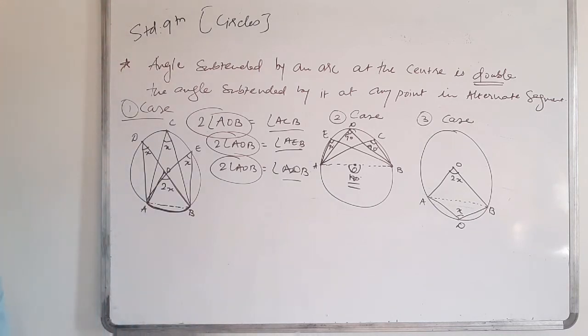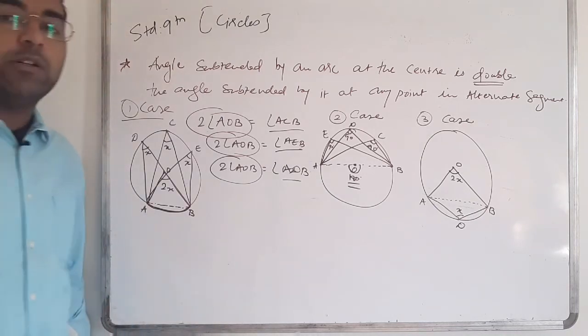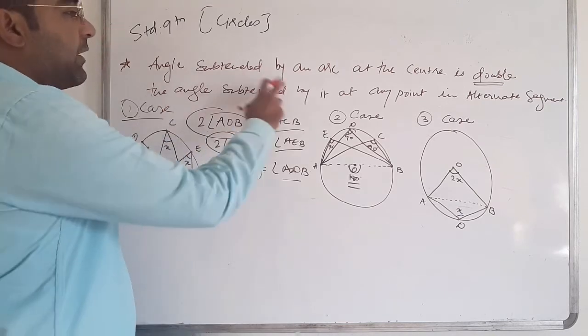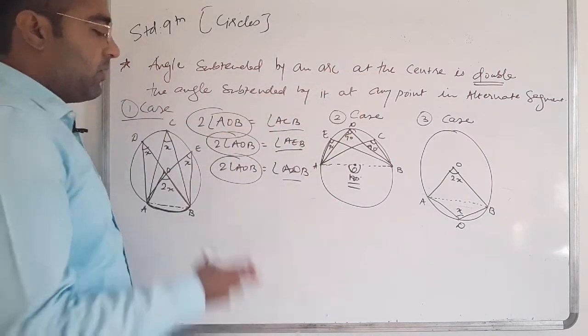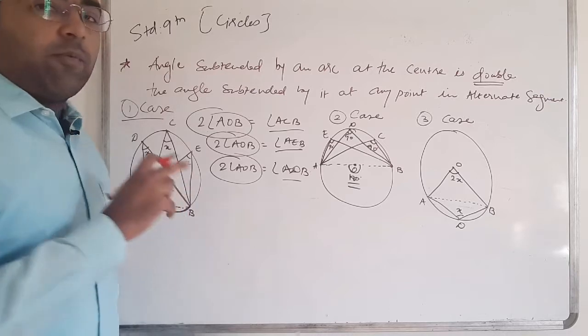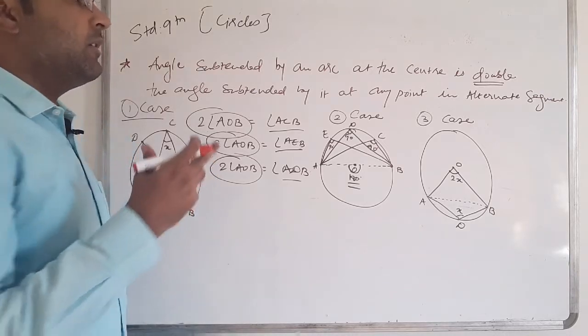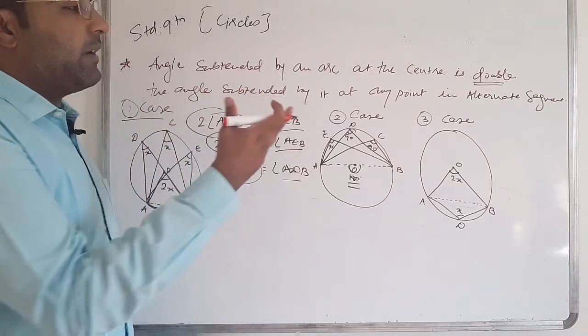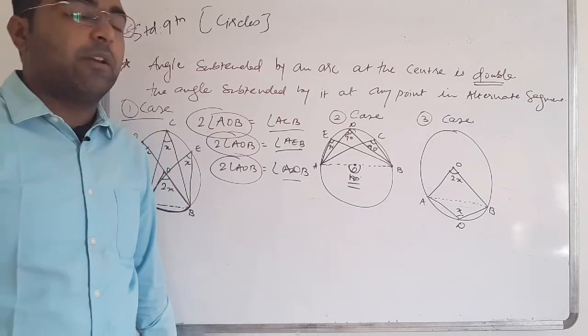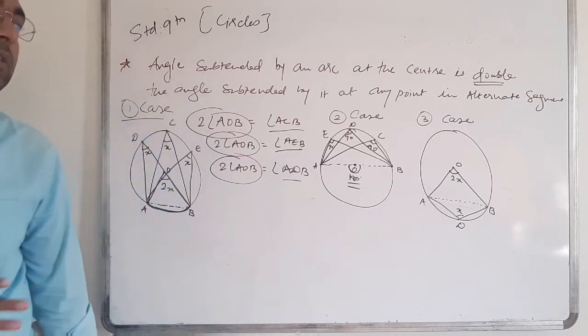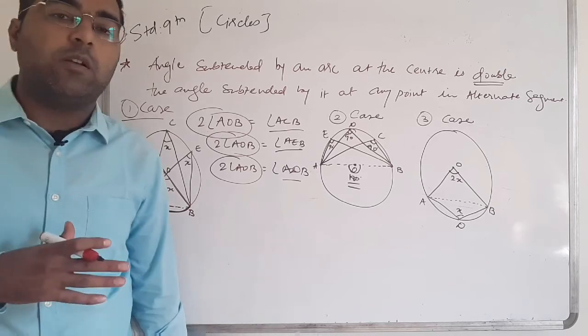So this is the theorem that is important for 10.5, that is, the angle subtended by an arc at the center. Angles formed at the center are double the angle subtended by it at any point of the alternate segment, that is, the remaining part of the circle.